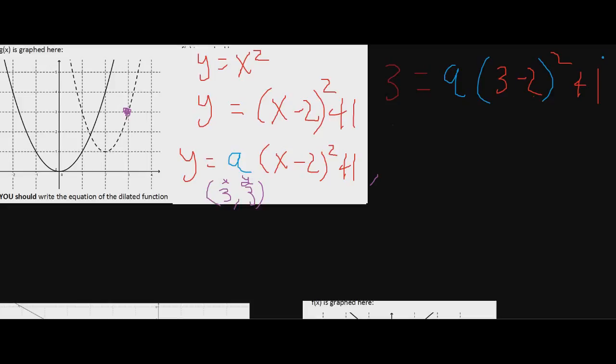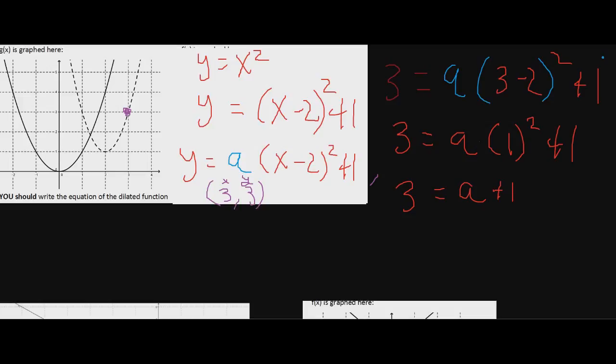Well, that's just 1, so we're going to get 3 is equal to a times 1 squared plus 1. What's 1 squared? 1 times 1 is 1. A times 1 is just a. Anything times 1 is just that value. So I'm just going to rewrite this as a plus 1.